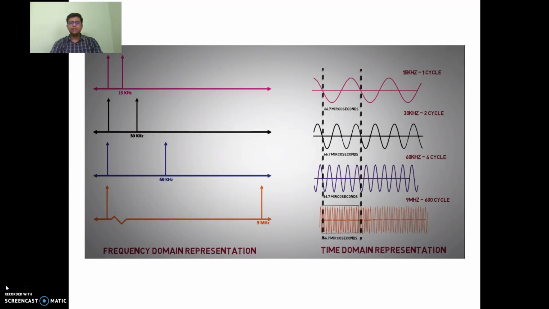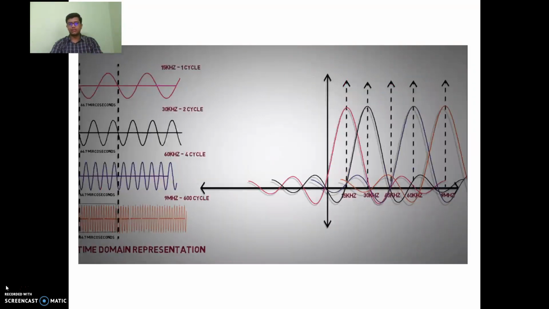This is the comparison of frequency domain representation and time domain representation. For a 15 kHz signal, we have 1 cycle, and for a 30 kHz signal, we have 2 cycles. The duration of the signals remains the same for all the signals, 6.67 microseconds, which is the symbol duration, 1 by subcarrier frequency, equal to 1 by 15 kHz.